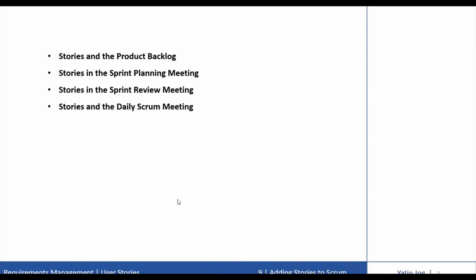And then the last point is stories and daily Scrum meetings. Stories are beneficial to daily Scrum meetings because they can help ensure focus remains on customer and end user desires.